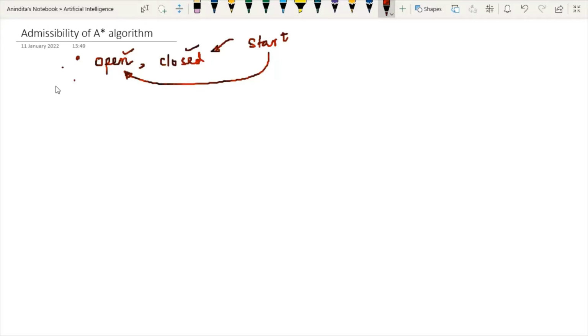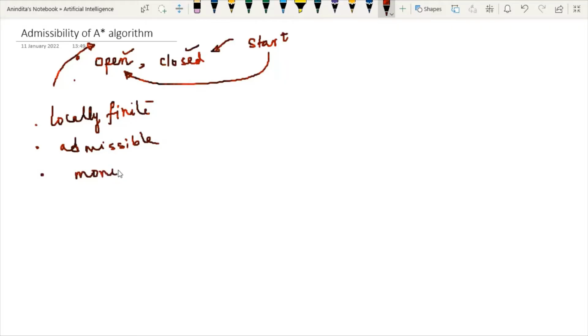Now there are some terms we have discussed about A star algorithm. I have discussed that A star algorithm is locally finite. The second point we have discussed is that it is admissible, and the third term associated with it is monotonic in nature.